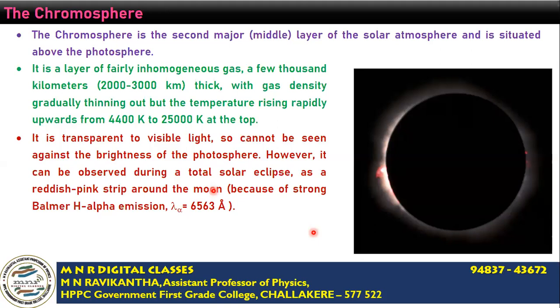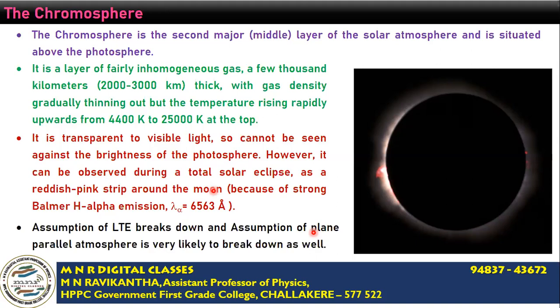Against the brightness of the photosphere, the chromosphere cannot be seen during normal days. However, it can be seen only during the total solar eclipse in the form of a reddish pink strip. Because of this appearance, the name of this layer is given as chromosphere. It appears reddish because of the strong Balmer H-alpha line present in the chromosphere.